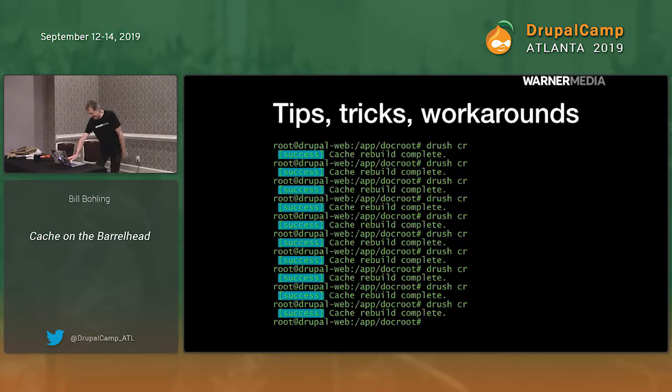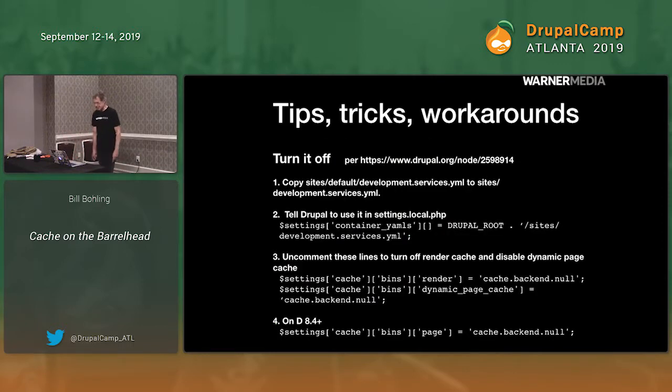To get around that, I said we would get to the services file. The development services YAML provides a service called cache backend null. So enable your development services so you're using that. Step 2, in this note up at the top, if you want the really gory details, it's all in that note up there.